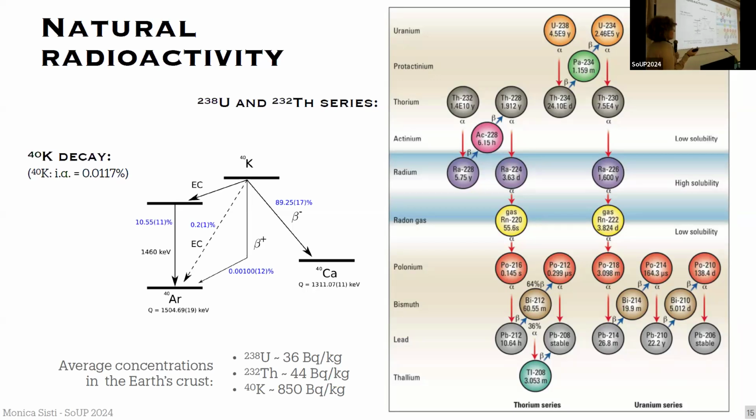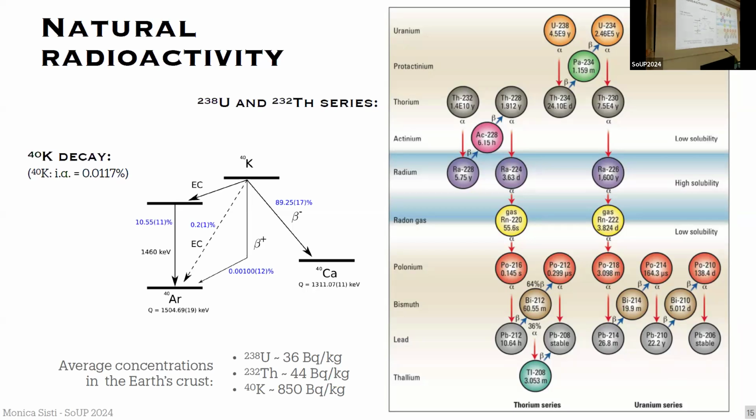This explains why you can have a break in the decay chain. For example, radium is highly soluble and radon is a gas. We will see this point better in the next slide.